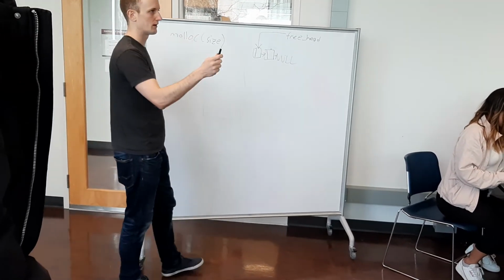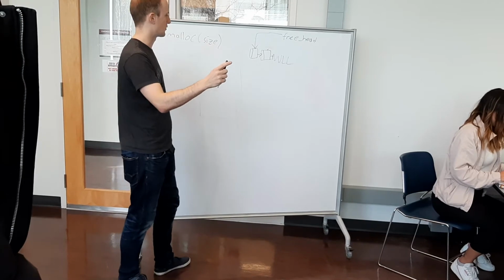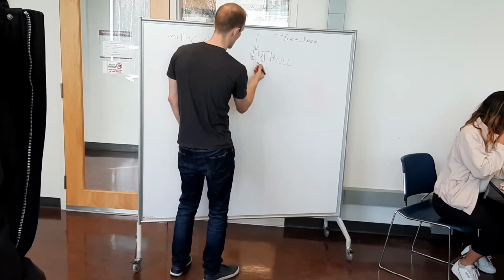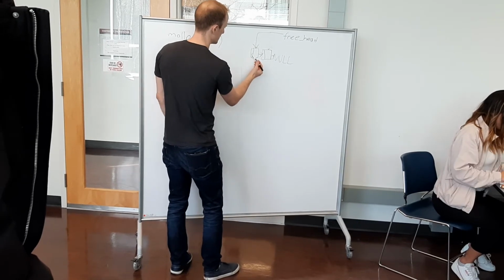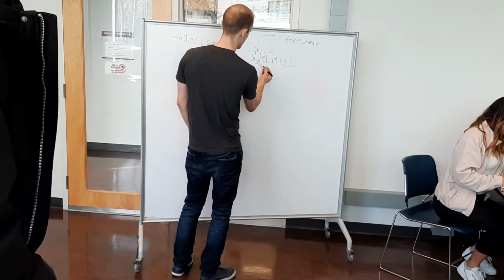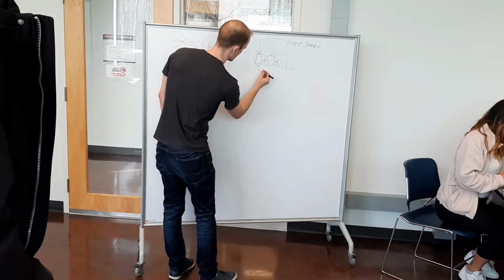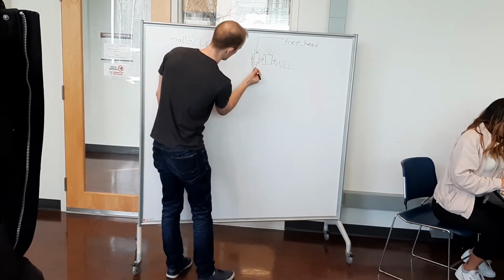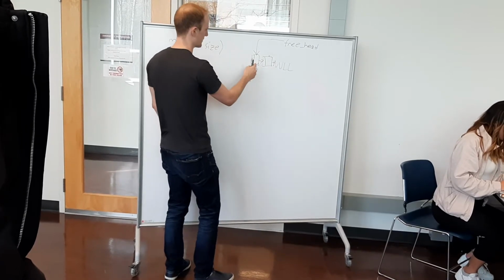An int and a pointer. Exactly. So the int, well, you call it whatever, but I call it size because it says the size of this guy. So this is size. And that basically tells you how big this guy is.